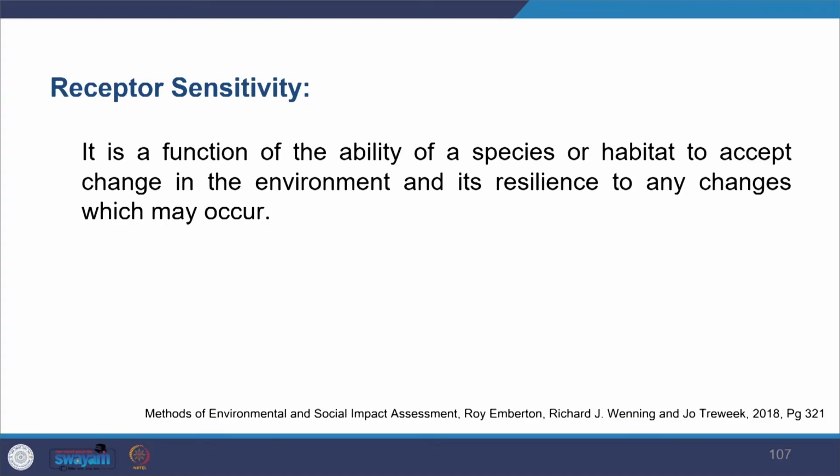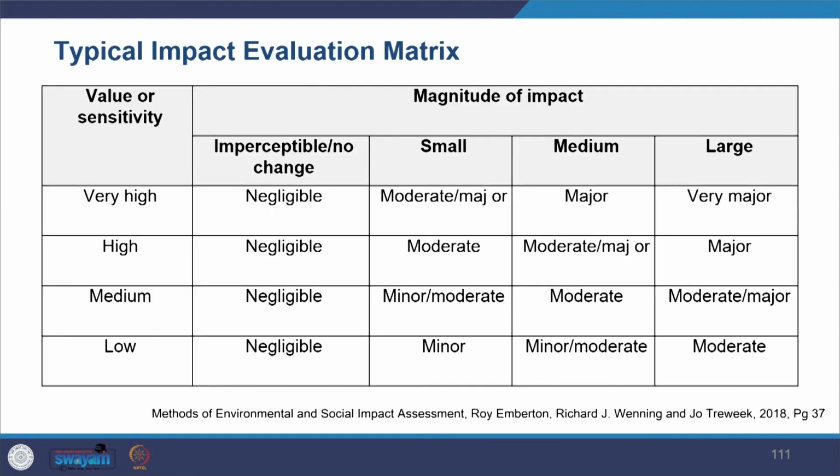Further, when you look at significance, you also take care of receptor sensitivity, that is, how the receptor is going to adapt to the changes. All this information can be presented in a matrix format showing the magnitude and sensitivity of the impact.